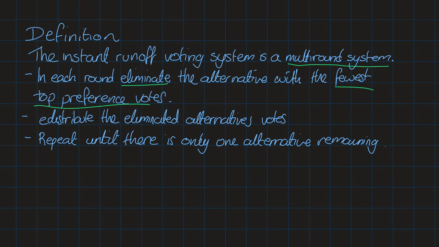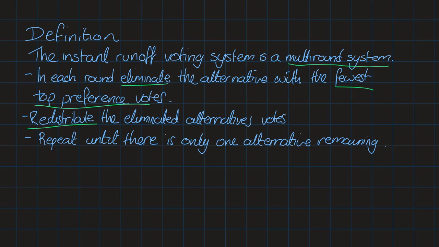Then you redistribute the eliminated alternative's votes: all the votes that would have gone to whoever you just eliminated go to the next top preference. You repeat this process until there is only one alternative remaining, and that is the winner of the election.